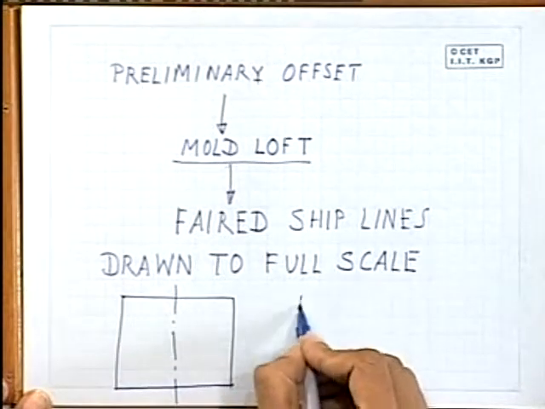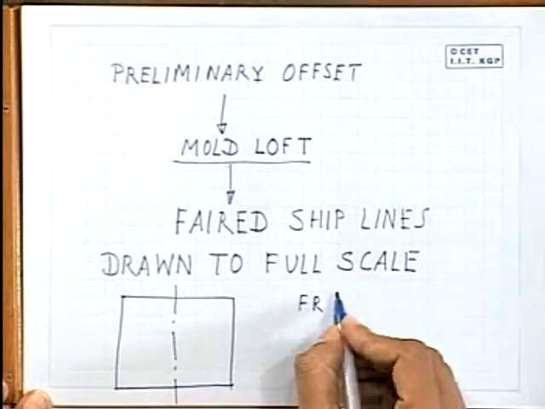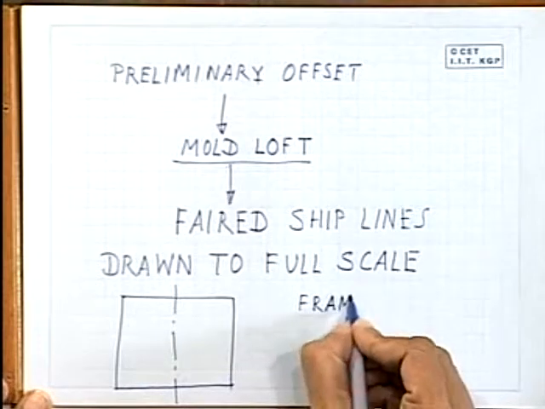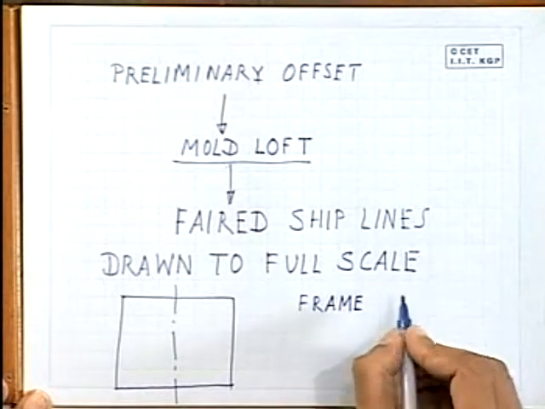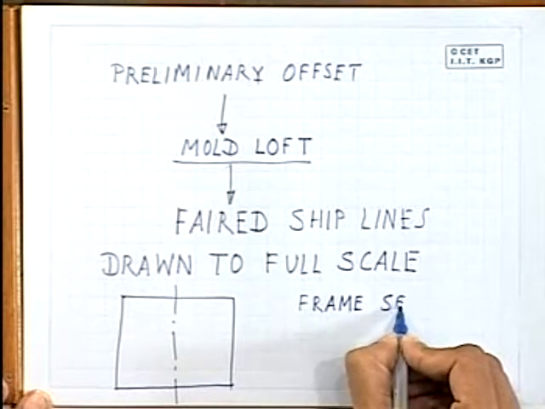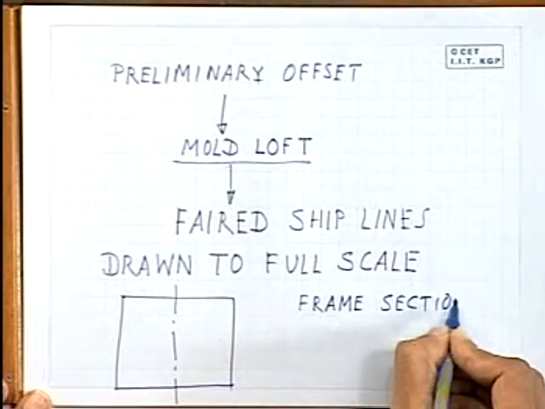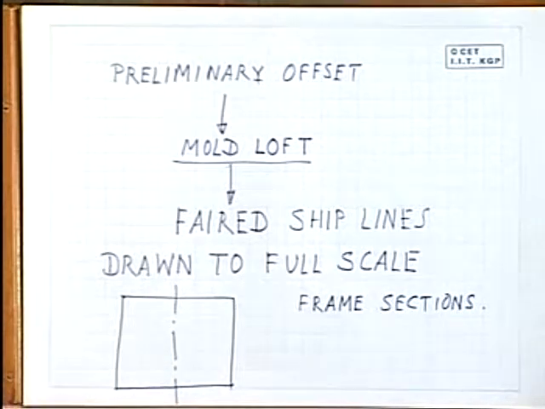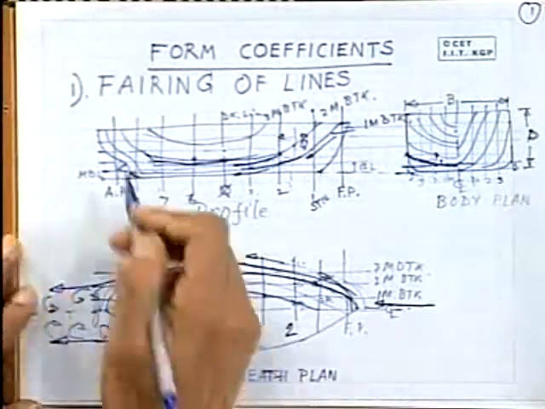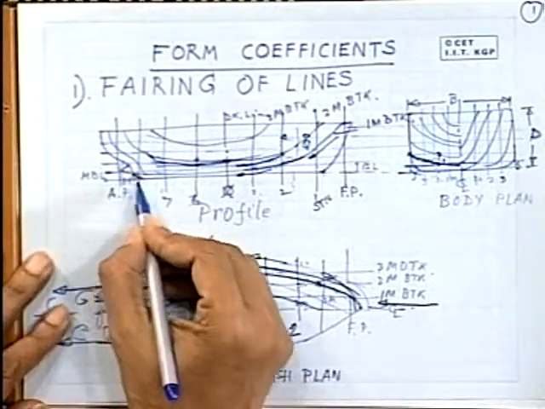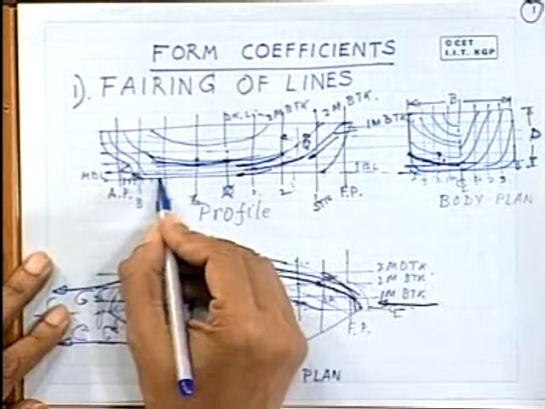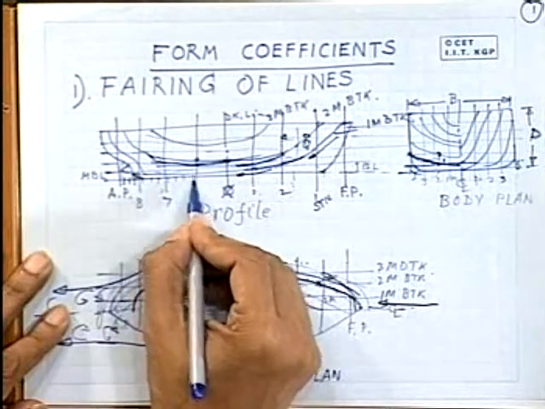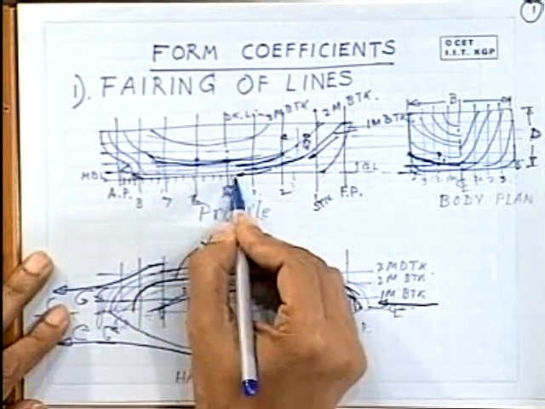The framing plan has to be supplied to the hull shop, along with frame sections and all details. That is why, normally, when one makes the lines plan and indicates the position of the frames, you will find in the lines, especially in the profile, that the frame positions are also indicated.